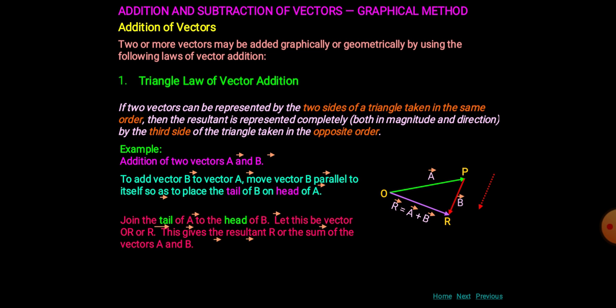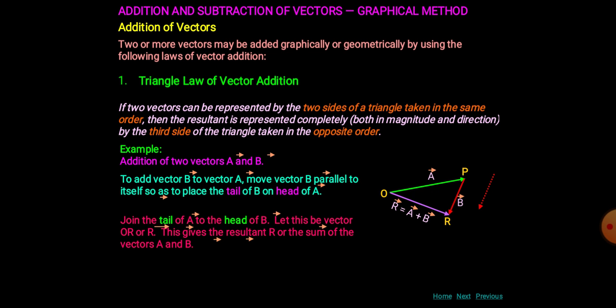The resultant vector is what? That is the third side of the triangle. In the statement we have seen that if two vectors can be represented by the two sides of a triangle taken in the same order, then the resultant vector is the third side of the triangle taken in opposite order. So here vector A is one side of the triangle and vector B is also one side of the triangle.